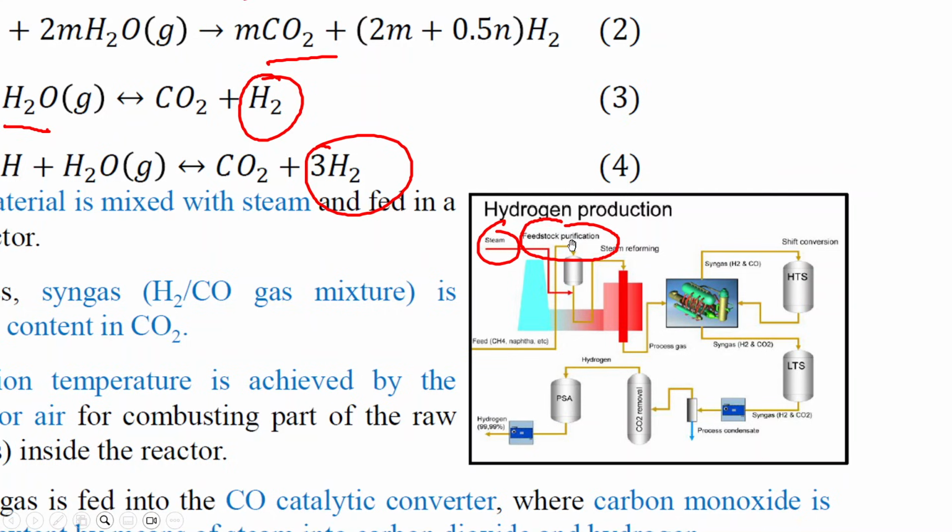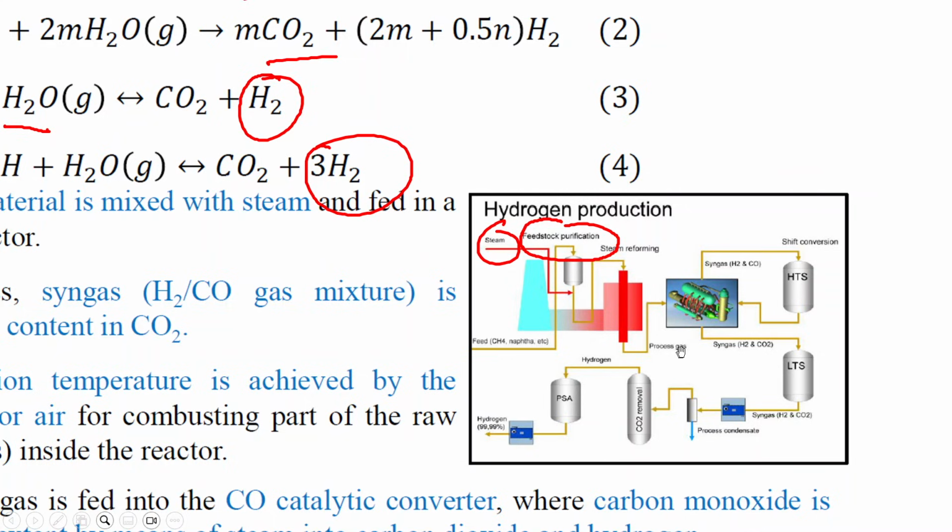Firstly, the hydrocarbon is purified before, and after purification, steam is added to it. Here steam reforming takes place at high temperature, and these four reactions take place in this steam reformer, and we get the process gas out of here, and different shift reactions take place.